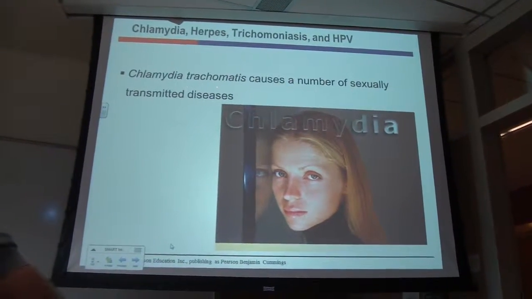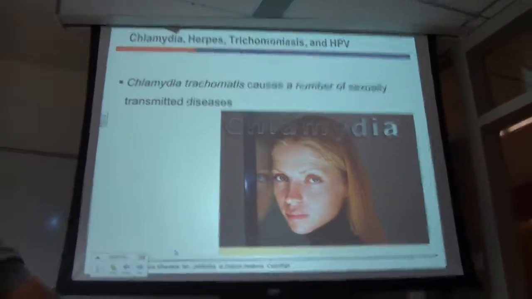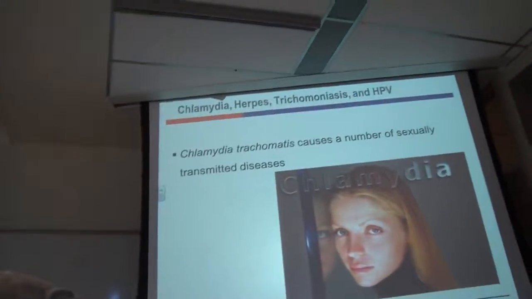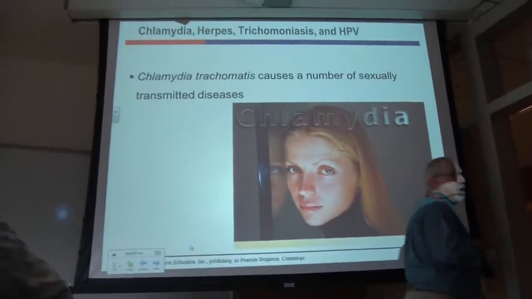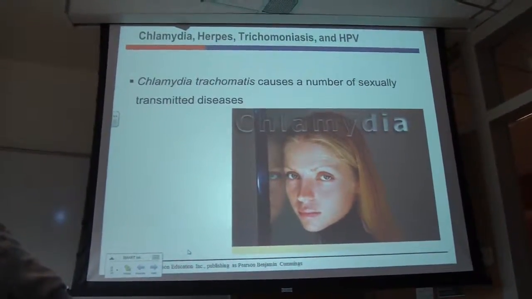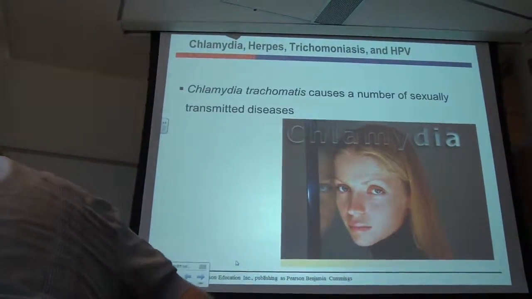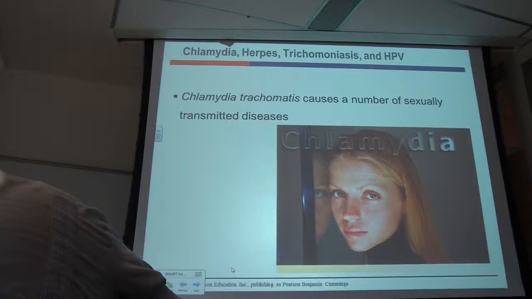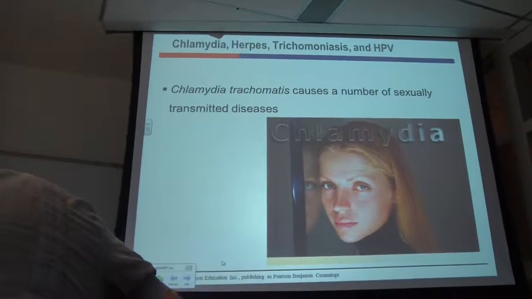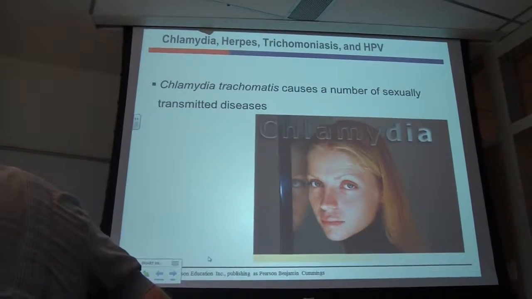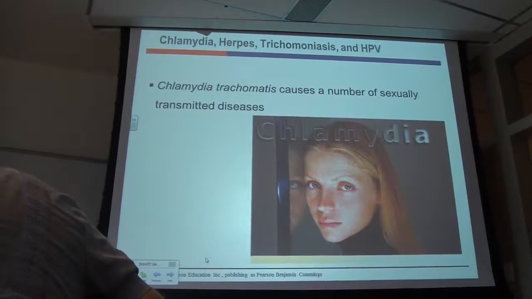Our third bacterium that is a common cause of sexually transmitted disease, and in fact, Chlamydia trachomatis is the most common bacterial cause of sexually transmitted disease currently. Prevalence is somewhere between 3 and 8% depending on the population.